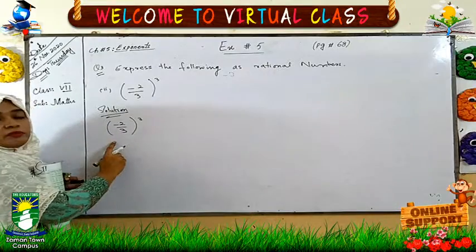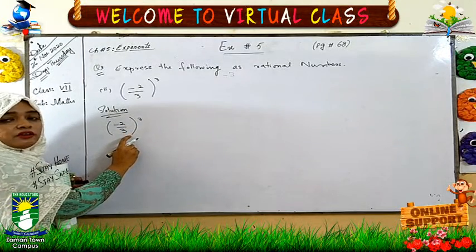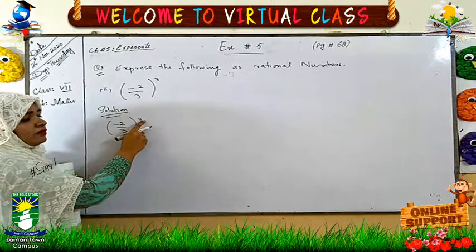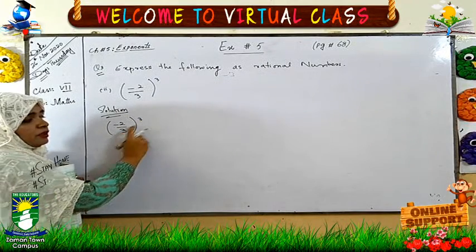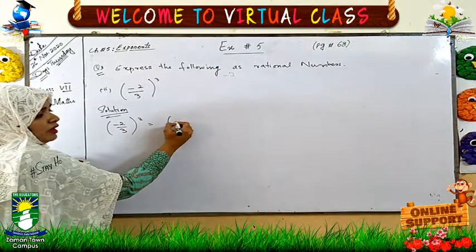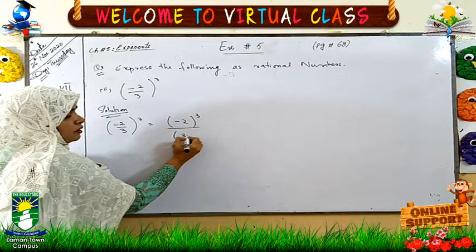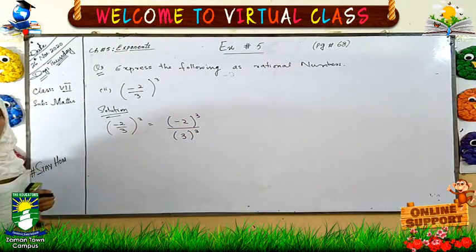The whole bracket means that the power 3 will be applied on all the values which are under your bracket. You have minus 2 power 3 and 3 power 3. We will apply this power 3 on minus 2 as well as on 3.